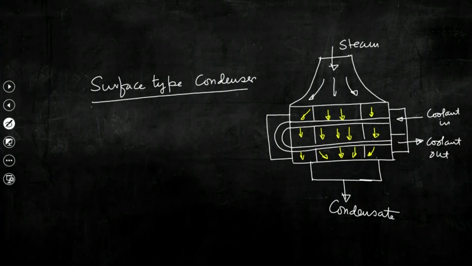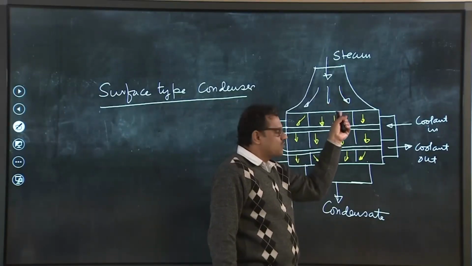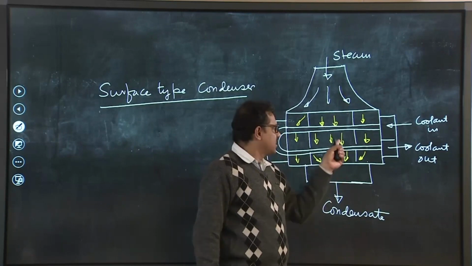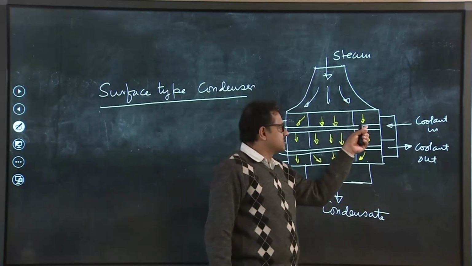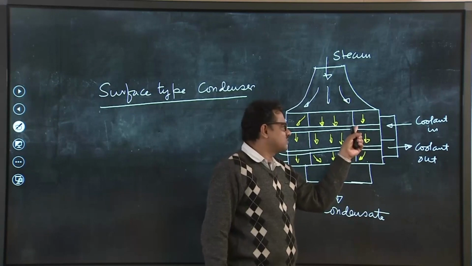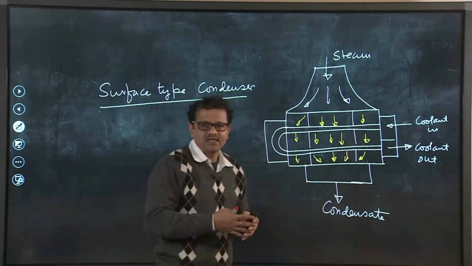what we can see from the schematic is that coolant is taken through the tubes. Basically, I am writing coolant because coolant may be water, it may be any oil. In most of the cases coolant is water. That coolant flows through the tubes and steam passes over the tubes, and since the coolant is having low temperature, the tube surface is having low temperature.